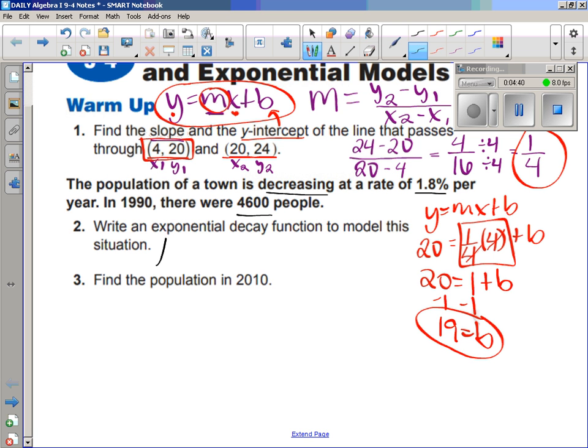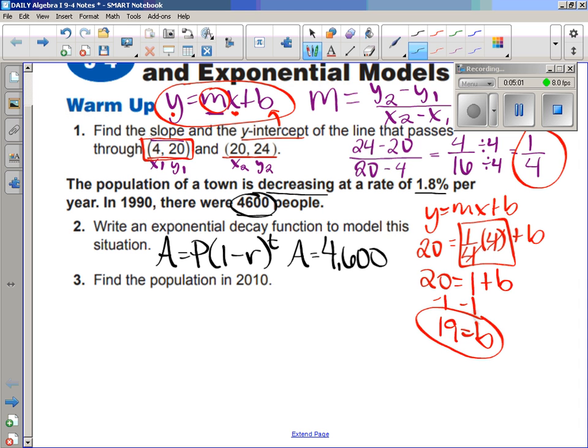If you remember, that formula looks like this. And it's minus r because we are decreasing or decaying. So, what goes in for p is the initial amount, which they tell us is 4,600.